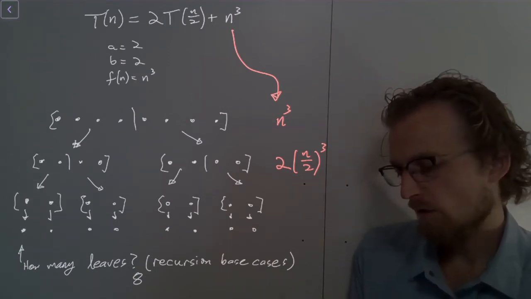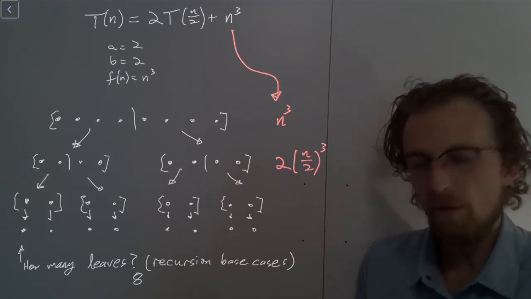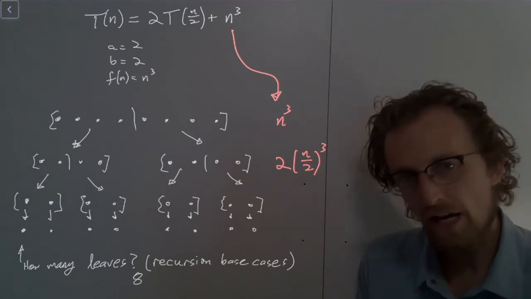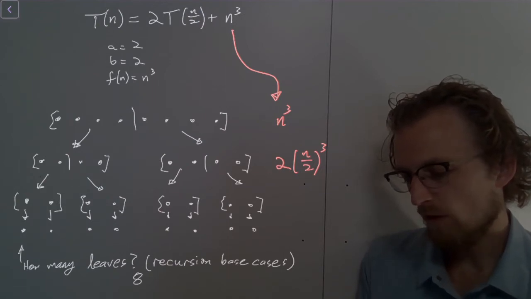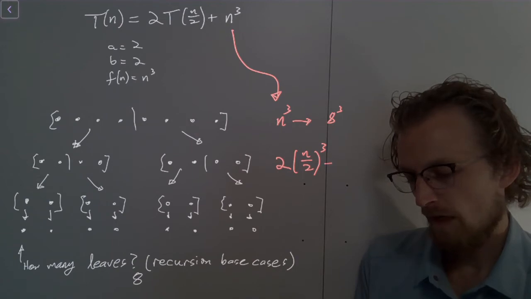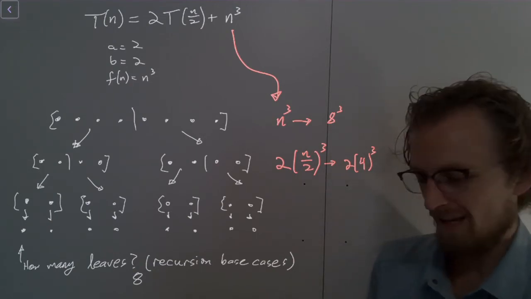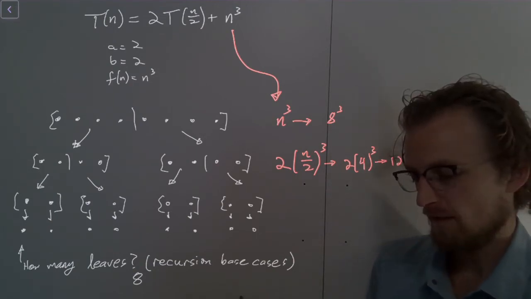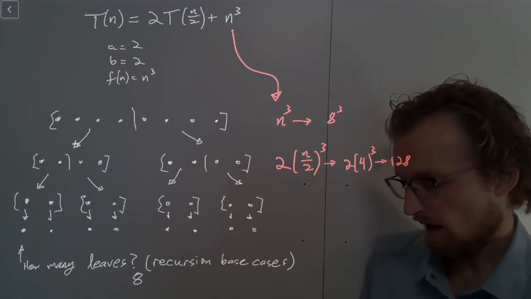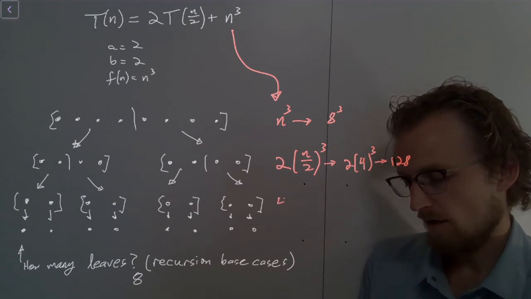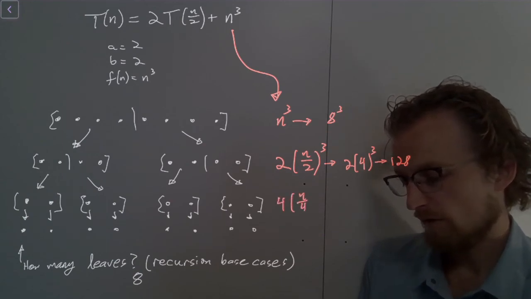And so, if we actually want to think about plugging numbers in here, I'm not going to write out 8 cubed, but we could say this is 8 cubed. And then this is 2 times 4 cubed, which I can write down, right? That's 128. And then the next level down, I have 4 arrays that are each n over 4 length.